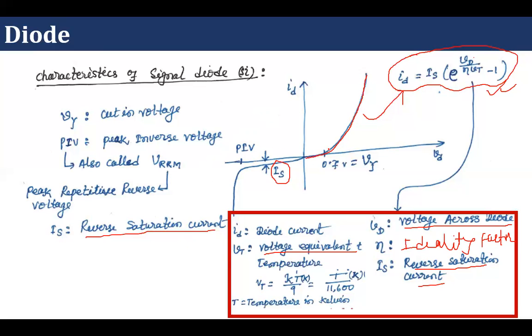The point where the current starts in the forward bias characteristic is known as the cut-in voltage, the minimum external voltage required to turn the diode on. The point where breakdown happens is known as the peak inverse voltage, also sometimes called the peak repetitive reverse voltage, although practically there is a slight difference.